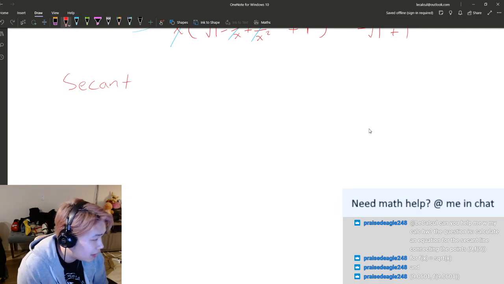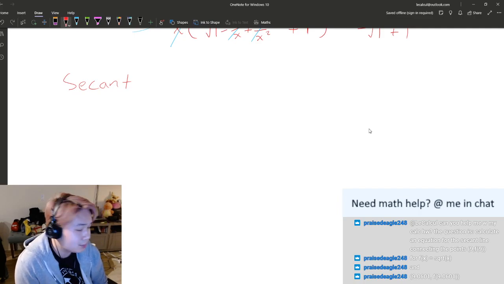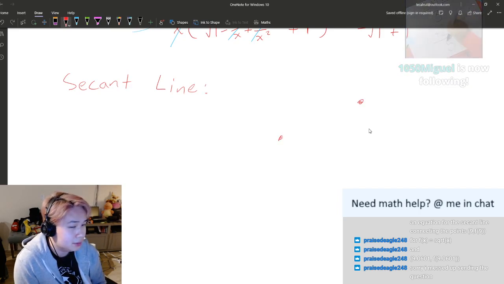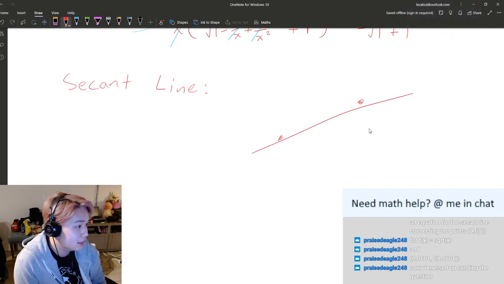Huh. Okay, so a secant line, 1050 Miguel, thanks. So a secant line is a line that connects two coordinates together. So you have your two coordinates: an x value of 9 and a y value of f at 9.